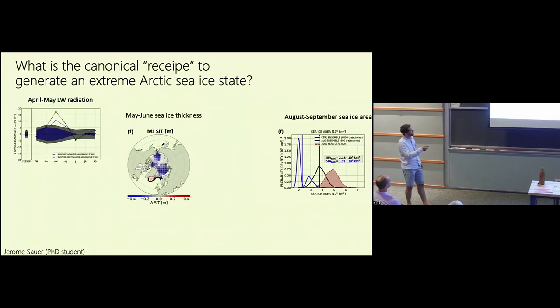But then we could also understand why sea ice thickness was so negative in terms of anomaly, and we found a very strong role for downwelling long-wave radiation caused by a strong presence of clouds and also much moisture in the Arctic atmosphere, at least in the model. So it really seems that the state of the atmosphere in late winter is a key to generate those sea ice thickness anomalies that in turn will cause the sea ice extent anomalies.